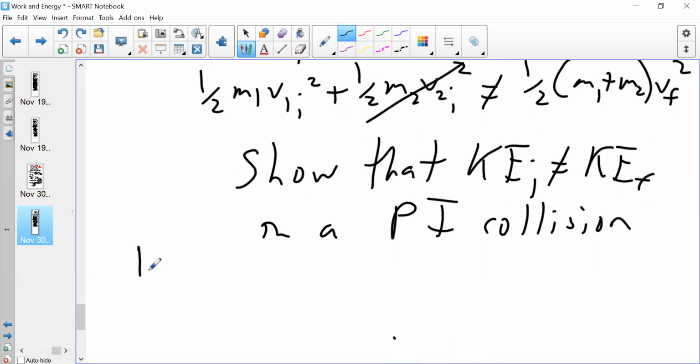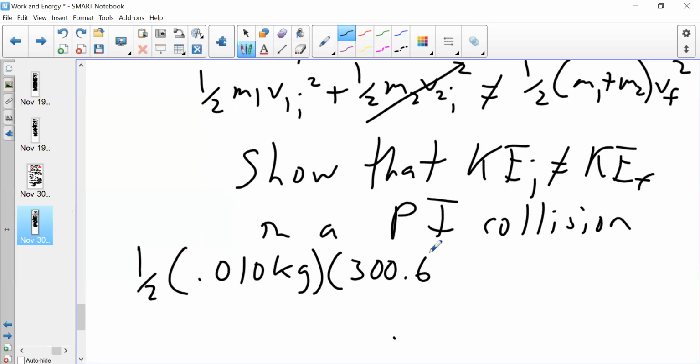All right, so we have 1/2 the mass of the bullet, which is 10 grams. Okay, and then the initial speed, which we found to be 300.6 squared. Let's show that it's not equal to both of these.